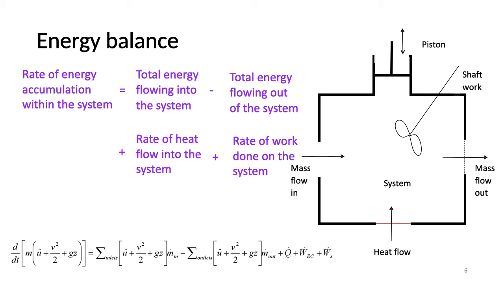U hat is the specific internal energy of the system. V is the velocity and the g z term denotes the potential energy of the system. Q dot represents the heat transferred to the system through a conducting wall. Ws is the shaft work and Wec is the expansion and contraction work.